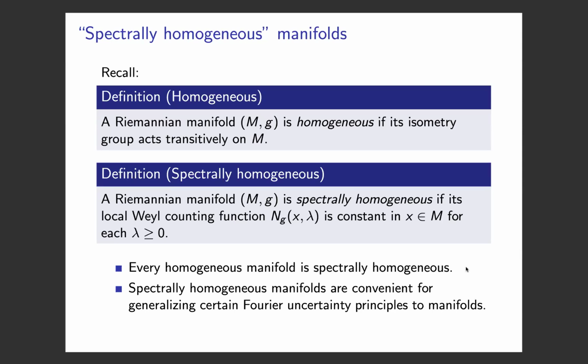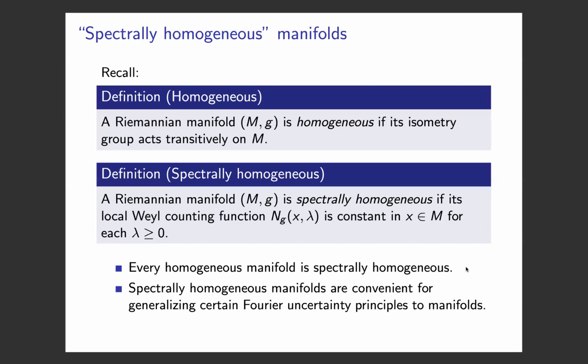A spectrally homogeneous manifold, I'll say, has a local counting function that is constant on the whole manifold for each lambda. So when you ask this question, can one hear where a drum is struck, of a spectrally homogeneous manifold, what you're asking is: is a spectrally homogeneous manifold homogeneous in the classical sense?